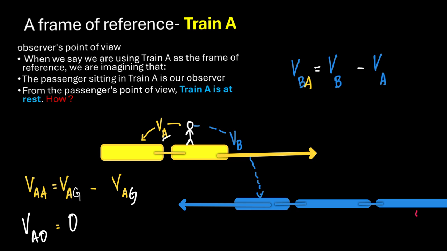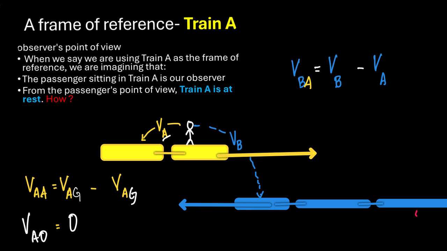Alright? Now let's see this. What is velocity of B with respect to A, which otherwise means relative velocity of B with respect to A? We know VBA is equal to VB minus VA.